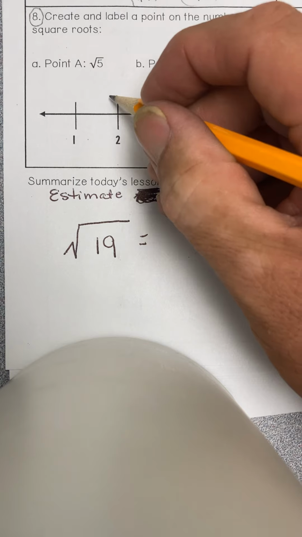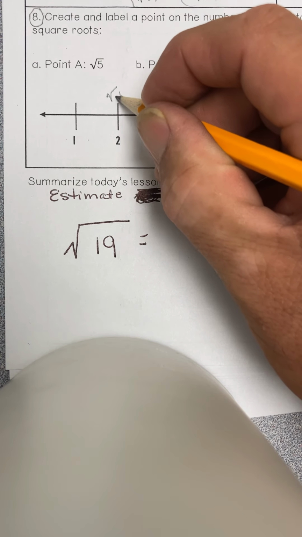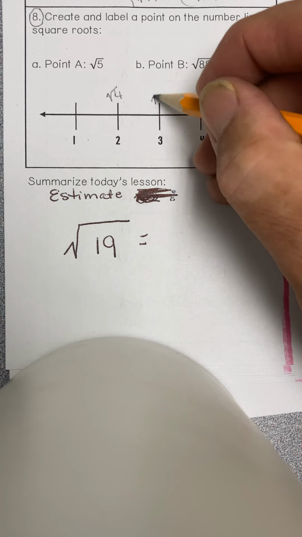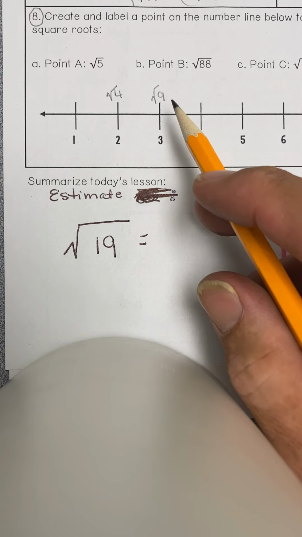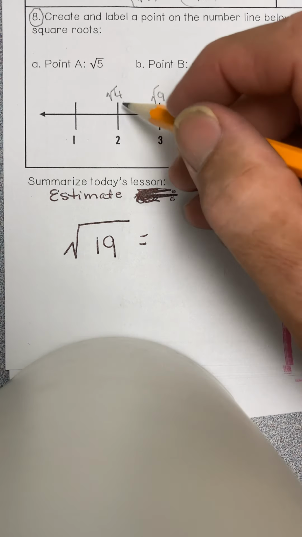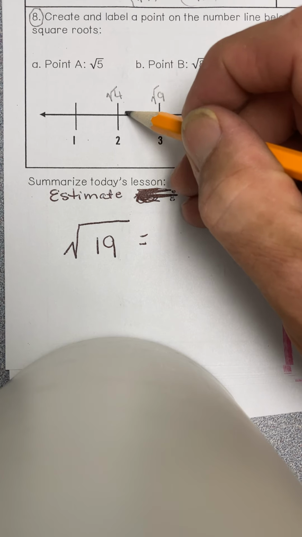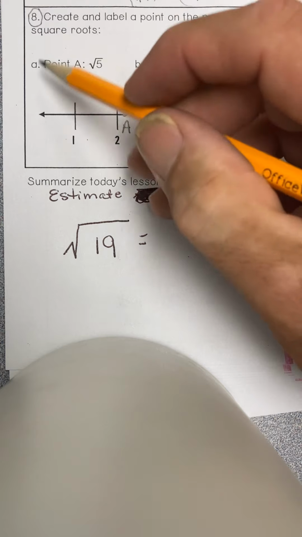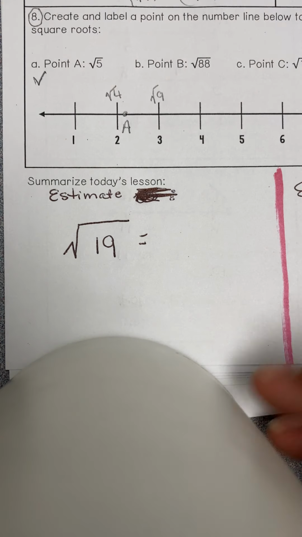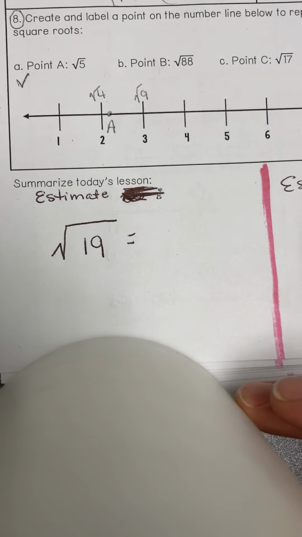Well, 2 is the square root of 4. 3 is the square root of 9. So where would 5 be? Okay. Square root of 5 would be about right here. So that's where point A would be. Let's see.